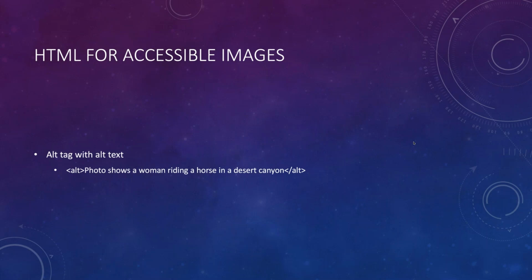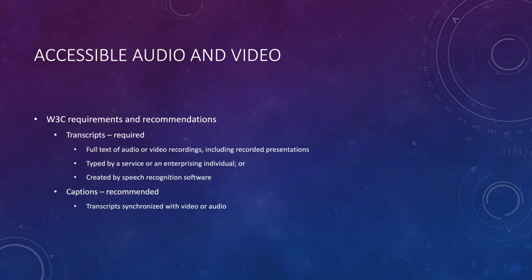So that's really all you need to do to make an image accessible for HTML. And if you mouse over an image, it should typically pop up the alt text in a little box so you can see that it's there.